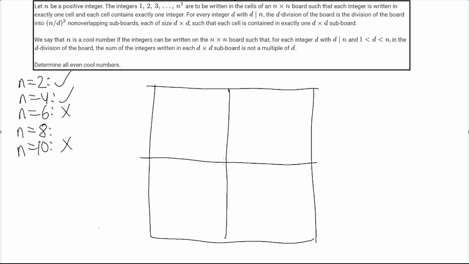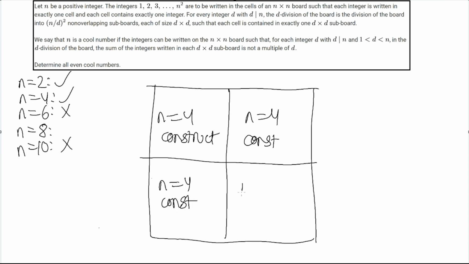Because what if we have a construction for n equals 4 here, and then an n equals 4 construction in each of the other quadrants? Then we would repeat numbers, obviously, but this otherwise seems to work because it definitely satisfies d equals 2, but then d equals 4 breaks. So one, we need to add numbers accordingly, and two, we need to fix the d equals 4 case.